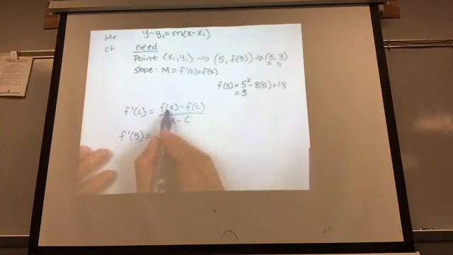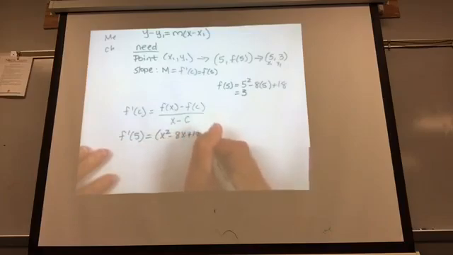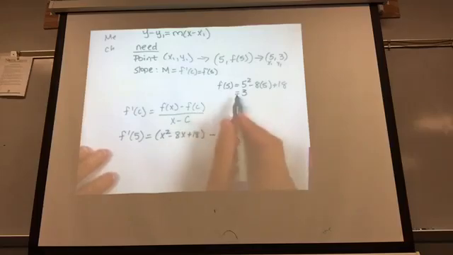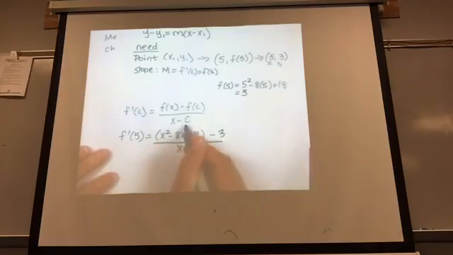And I'm going to plug in the equation for f of x. So I have x squared minus 8x plus 18 minus, we just found f of c to be 3, over x minus, what's my c value? 5.